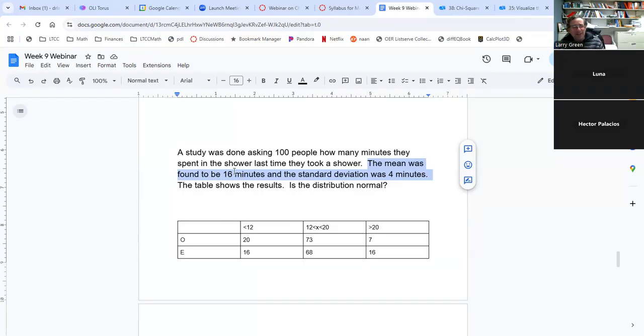Well, if you look at 16 minutes and 4 minutes, 4 minutes below the mean, which is one standard deviation below the mean, 16 minus 4 is 12. 4 minutes above the mean, 16 plus 4 is 20. So in between 12 and 20 means within one standard deviation. Do you remember that?